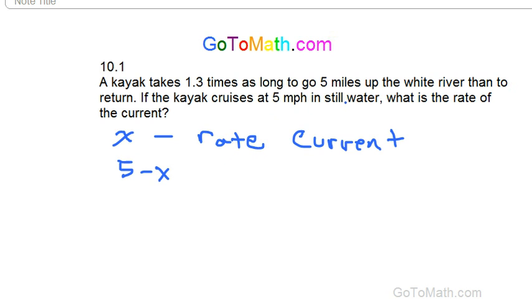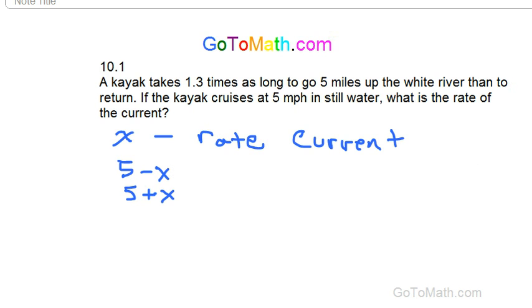That's how fast we can go in still water, but then we have to subtract off the rate of the current. We'll just call that 5 minus x. That's upstream, and then 5 plus x would be going downstream. This would be going downstream, the rate of the current plus how fast I can row. So that's going to be the rate going downstream.